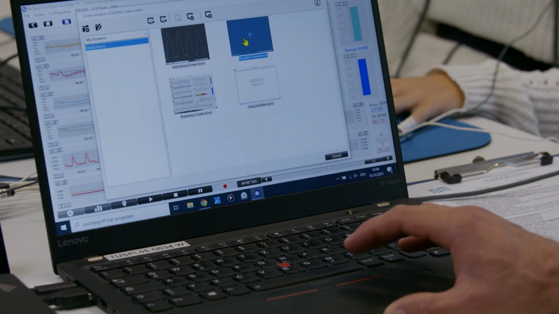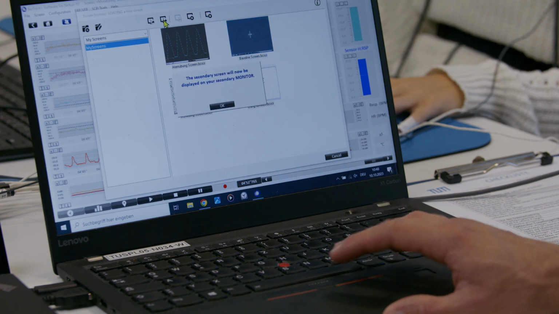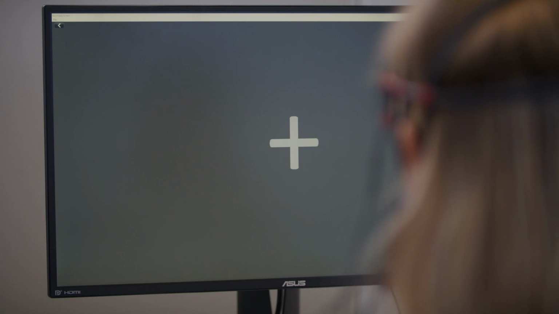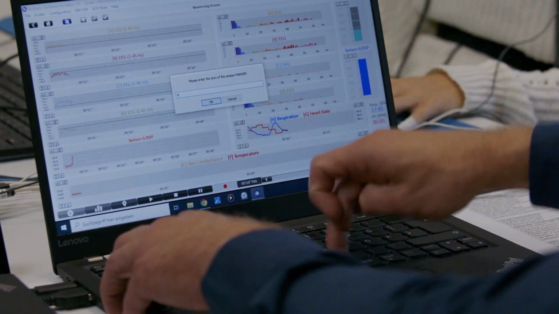In this case, it's the baseline screen, and I will open the screen in the secondary monitor. And now that the screen is open, I will press enter and mark this as the resting measurement.